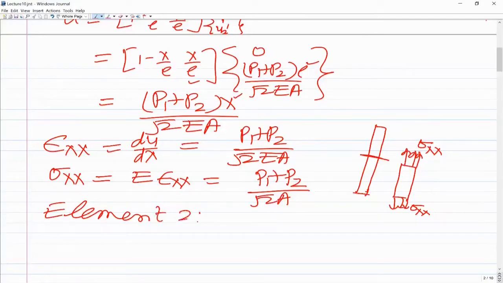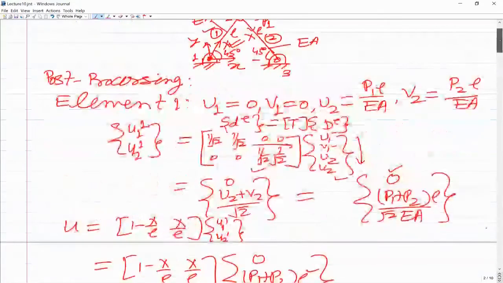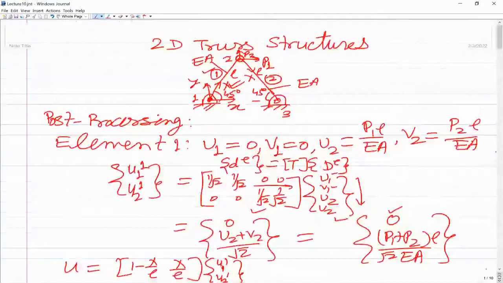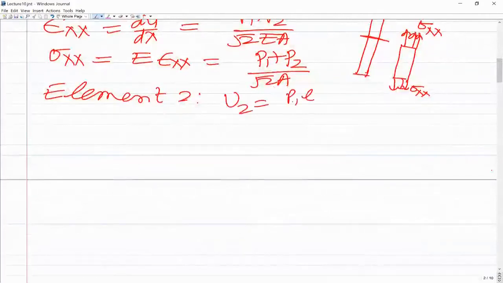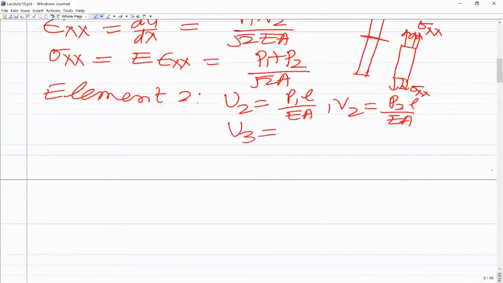For element 2, as you see over here, it consists of global node number 2 and global node number 3. So it is defined between global nodes 2 and 3, and we have already said that U2 is P1 into L upon EA, and V2 is P2 into L upon EA, and U3 is equal to 0 and V3 is equal to 0, which we have already got.